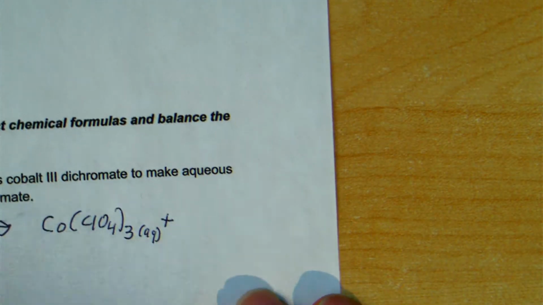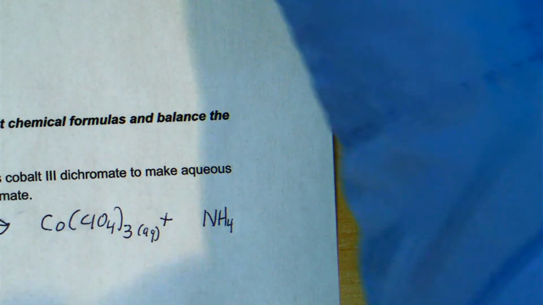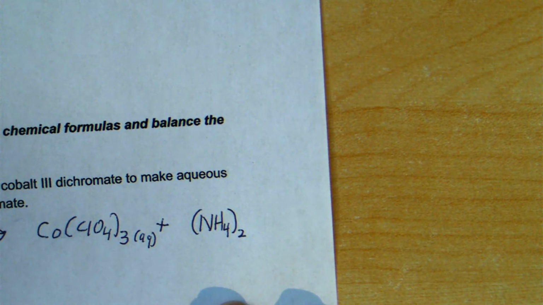ammonium dichromate. Ammonium is NH4, always with a 1 plus charge. Dichromate is with a 2 minus charge. So I'm going to need 2 ammoniums. So parentheses around the ammoniums, subscript 2. And now for the dichromate, I see I wrote Cr2O3.